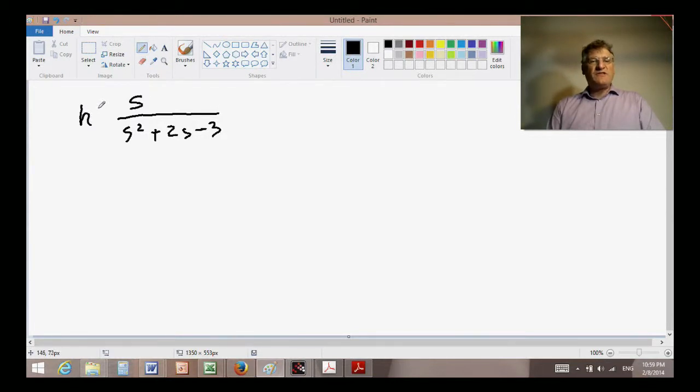So if this is my h of s, how do I write the corresponding state space representation?